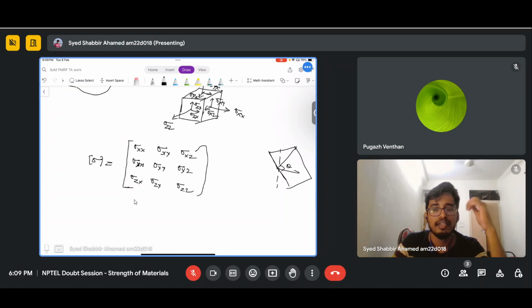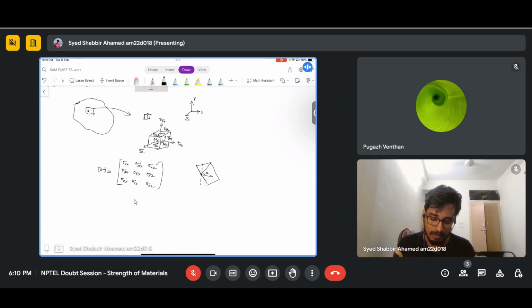Based on the angle, I can get the normal stress and the shear stress acting on that plane. So this gives the whole information about the stress acting at that point, and using this, I can get the stress acting on different planes which are at different inclinations theta.